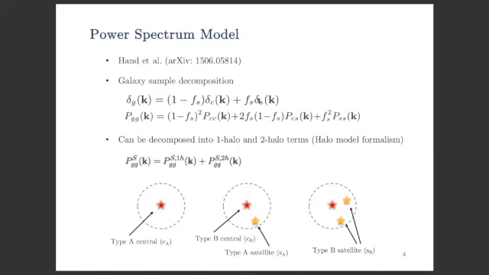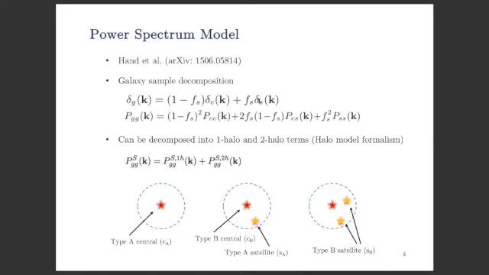To do this, we further decompose the centrals and satellites into subsamples. Here we call them type A and type B. The blue dotted circle indicates the halo. For the centrals, type A means the central without any satellites, and type B is the central with satellites. Similarly for satellites, type A means the satellite with no neighboring satellite, and type B is the one with neighboring satellites.